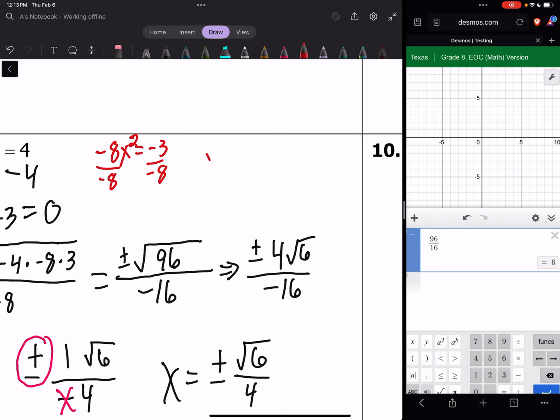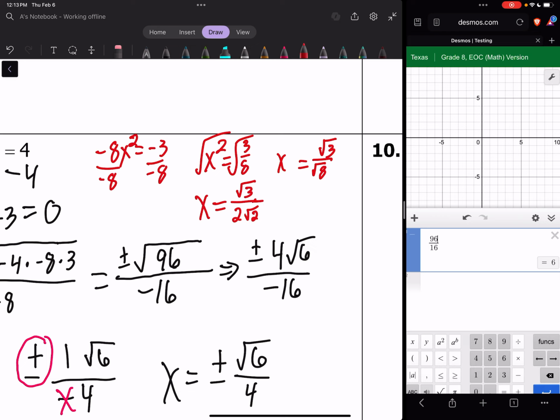From here, I would have x squared is equal to 3 over 8, square root of both sides. Square root of x squared is x, equal to the square root of 3 over the square root of 8. Square root of 8 is 4 times 2, so 2 square root 2.